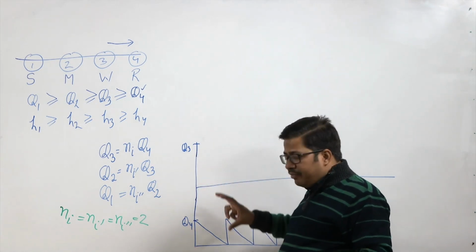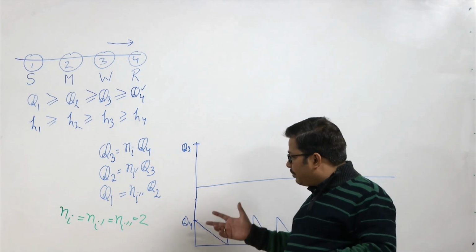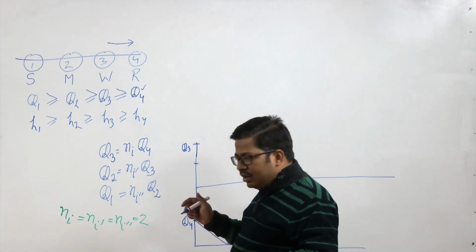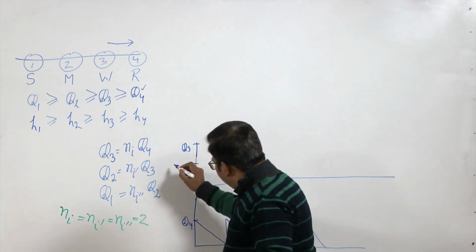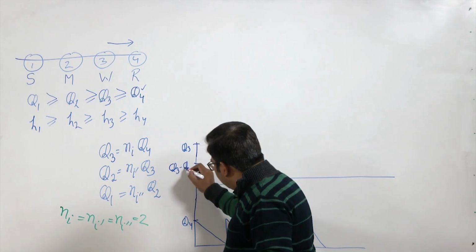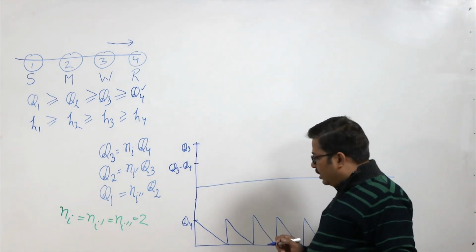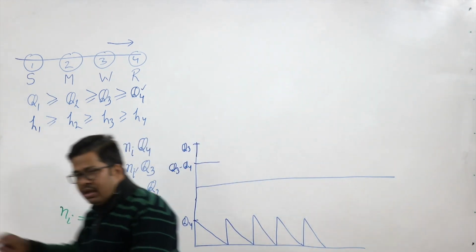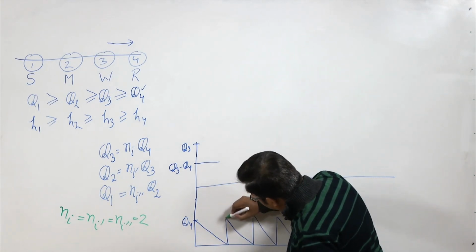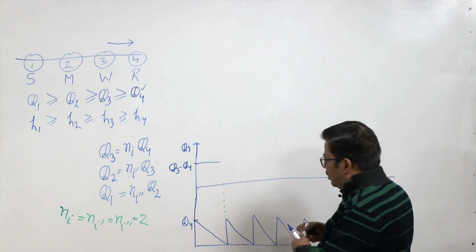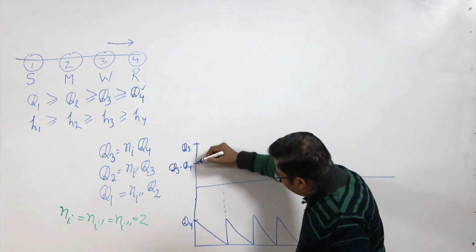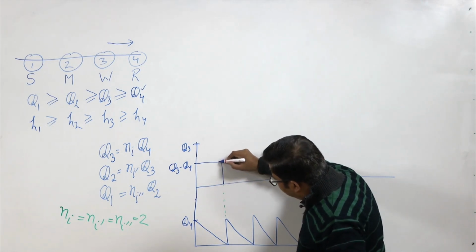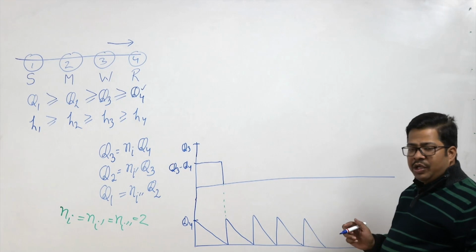Since Q3 is 2Q4, half of Q3 will go to stage 4. So what is remaining with me? Q3 minus Q4, and that will stay with me till this particular time. You can see that by this time I will be carrying this Q3 minus Q4 stock in my warehouse, and I will continue with this.